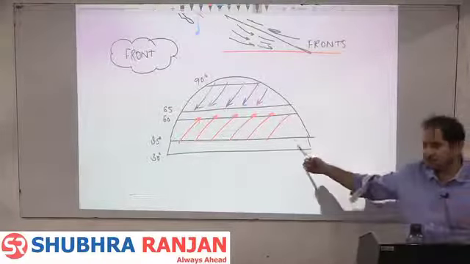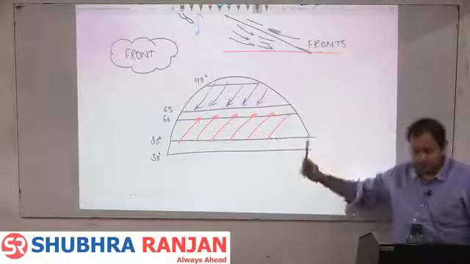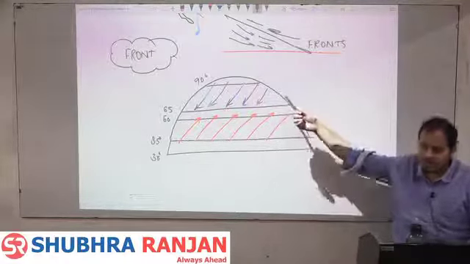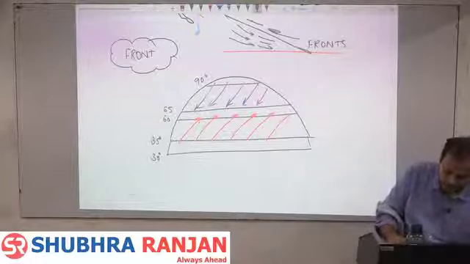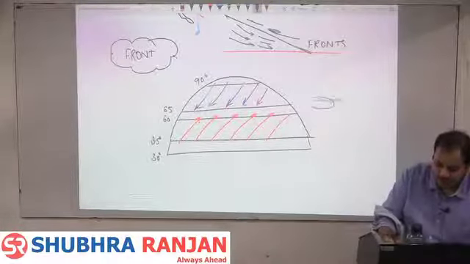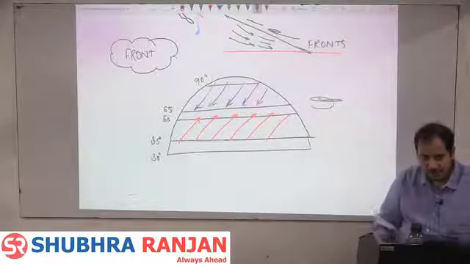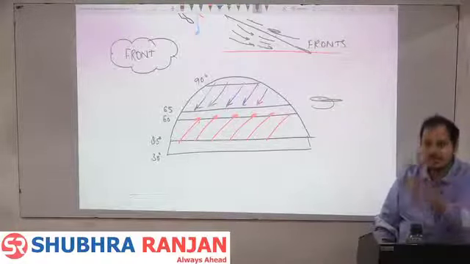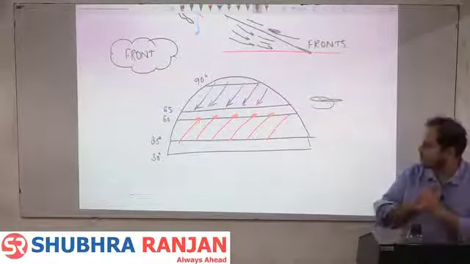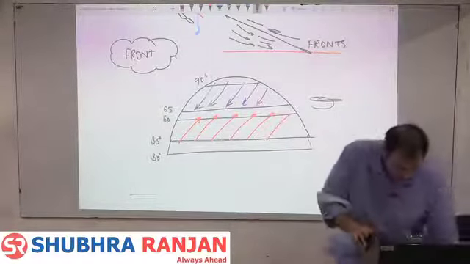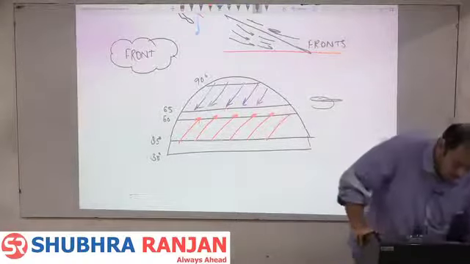So fronts occur when there is a convergence of two contrasting air masses, meaning warm westerlies and cold easterlies, between 60 to 65° latitude. So this is nothing but a temperate cyclone. So frontal inversion occurs in the regions of temperate cyclone. So frontal inversion occurs in the temperate zones of the world.